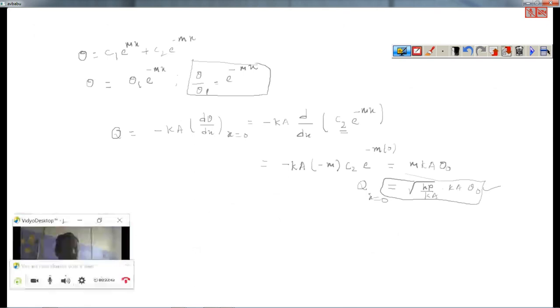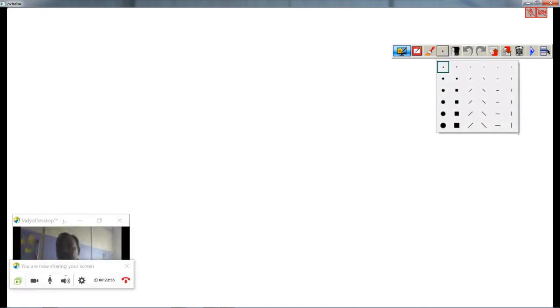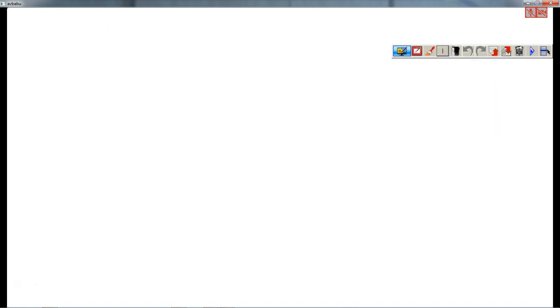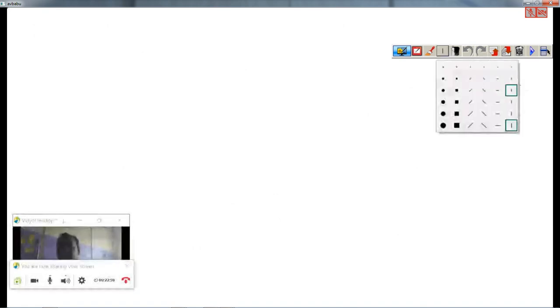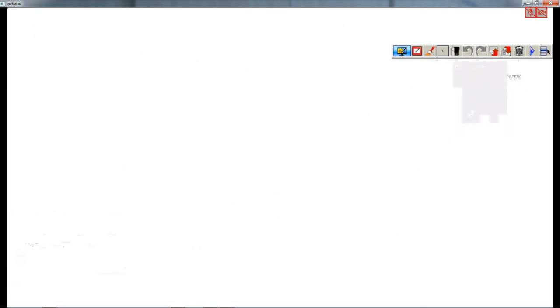Alright, so now I will be making a chart which talks about all the cases we have derived so far in the case of a fin. I will draw lines.